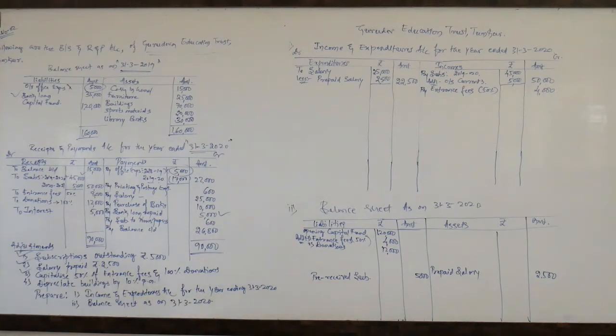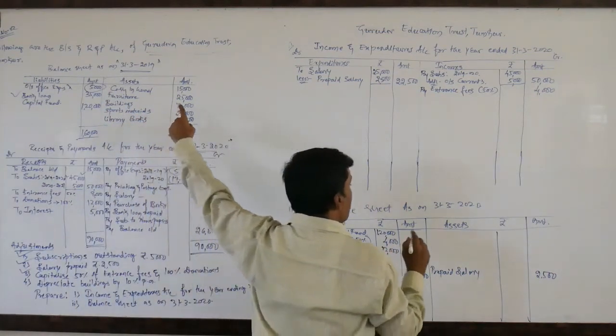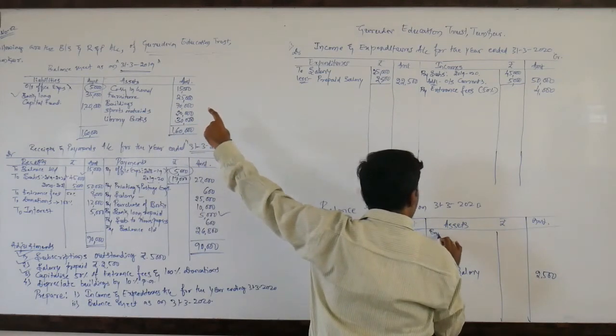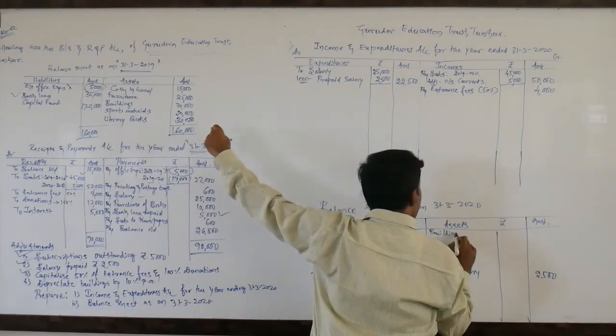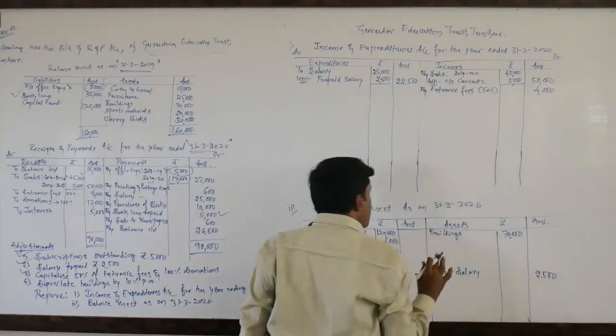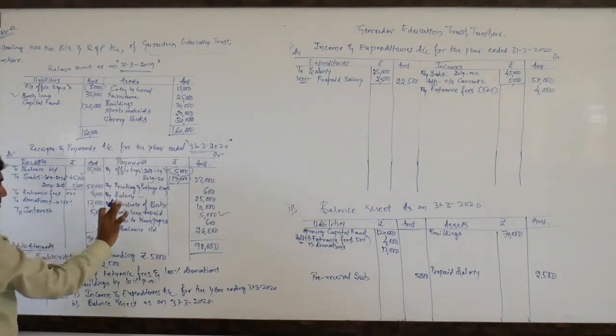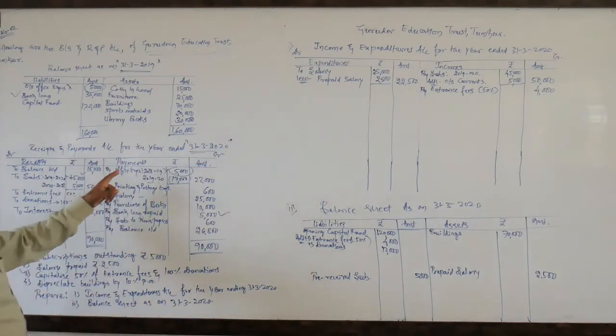Then the last adjustment, depreciate buildings by 10% per annum. Buildings, asset side buildings 70,000. Look here, buildings 70,000. No additions for these buildings. If it is there, it is to be shown on the payment side of this receipts and payment account. It is not there.